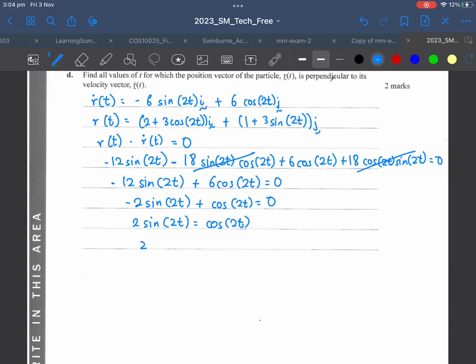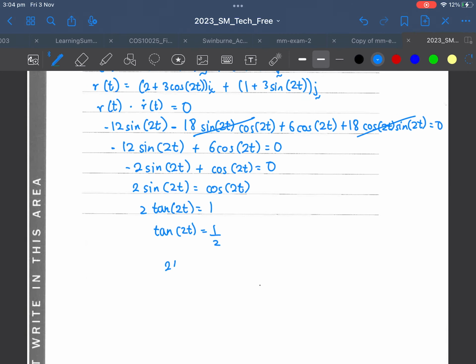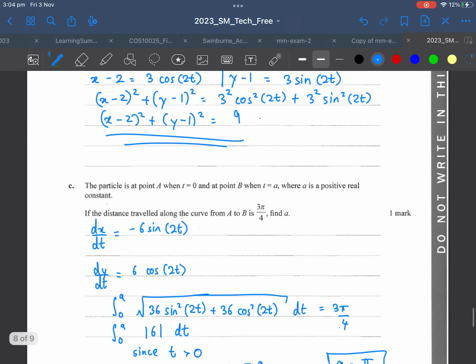So 2 tan 2t equals 1, so tan 2t equals a half, so 2t equals tan⁻¹(1/2), so t equals tan⁻¹(1/2) divided by 2. Now, do we have any domain? t is just greater than 0.